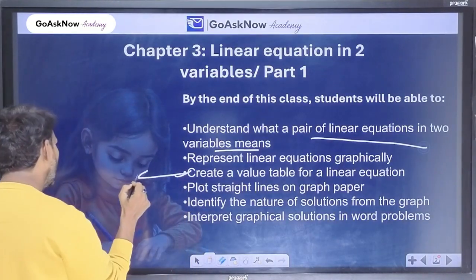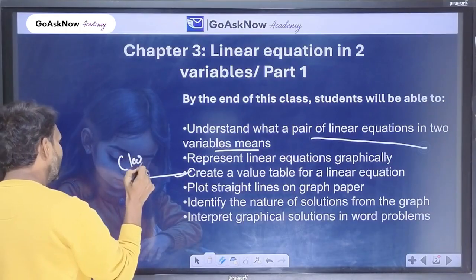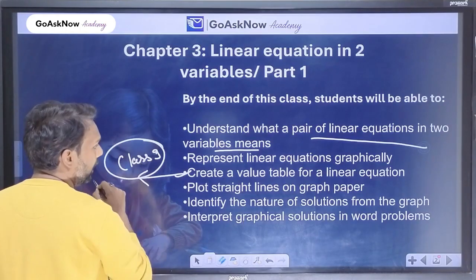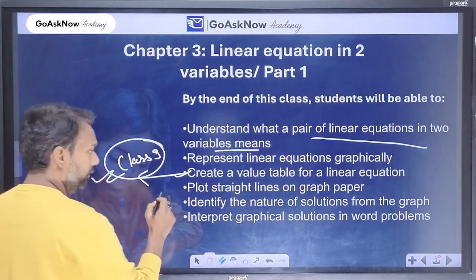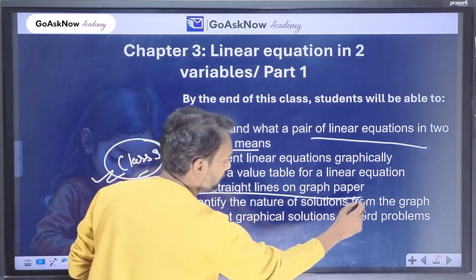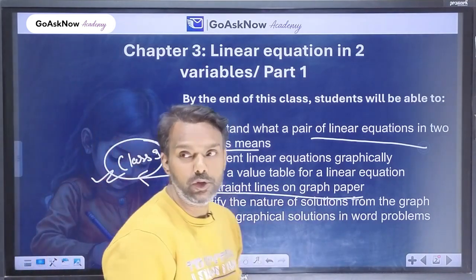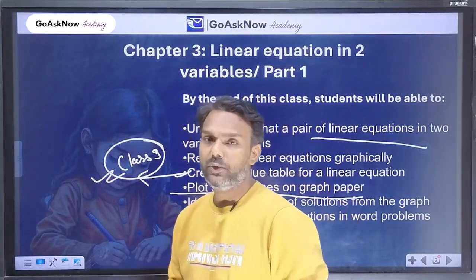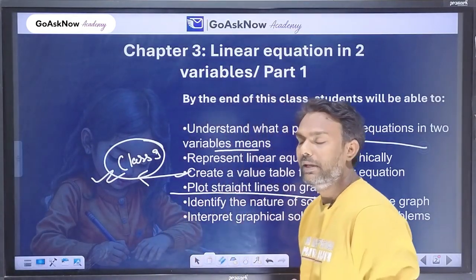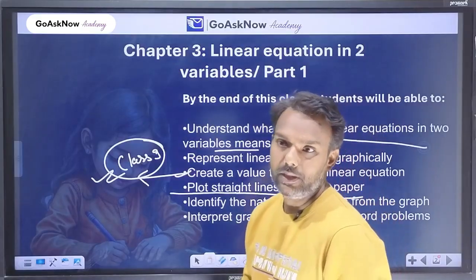This one we have already done in class 9. In class 9th, you have already learned how to create a value table for a linear equation. We will also plot straight lines on graph paper, and these are going to be a pair of straight lines. So actually we are going to study the relationship between pairs of lines on graph paper.